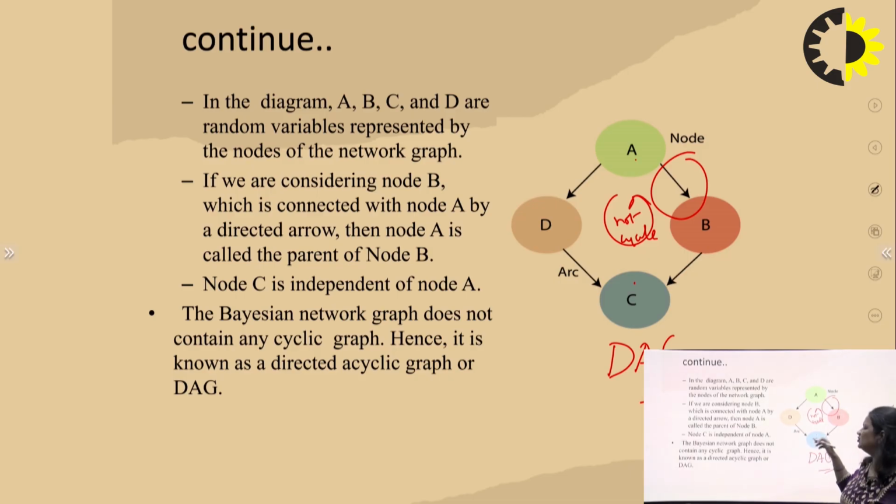If there is a change in variable C or event C, there is no influence on the other variable A. The Bayesian network graph does not contain any cycle. So in a Bayesian network there can't be a cycle, hence it is known as a directed acyclic graph, or DAG for short.